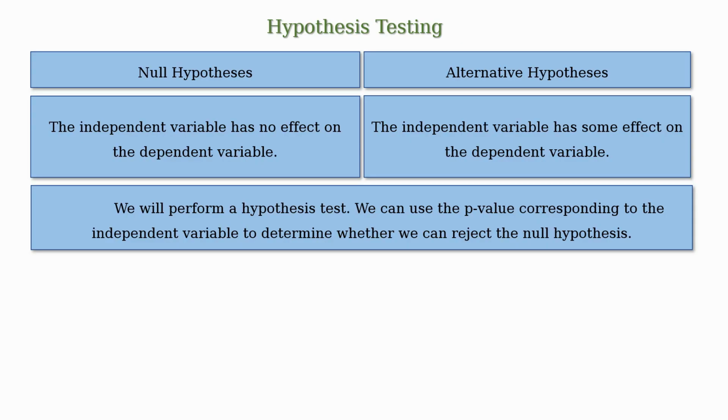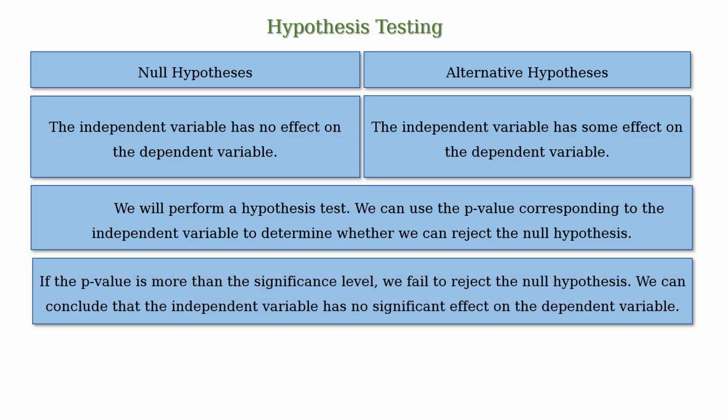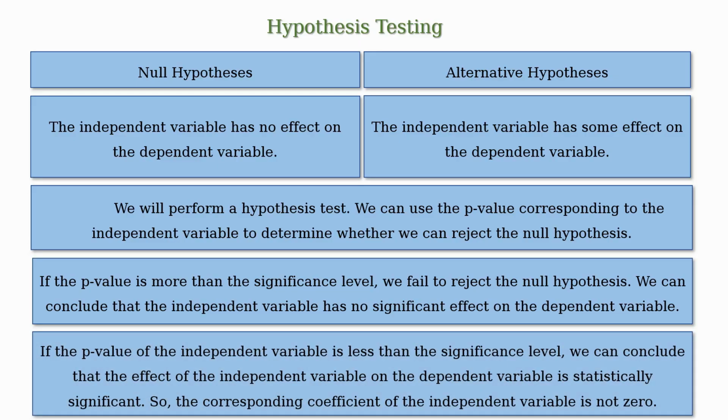If the p-value is more than the significance level, we fail to reject the null hypothesis. So, in that case, we can conclude that the independent variable has no significant effect on the dependent variable. In other words, the corresponding coefficient of the independent variable is 0.